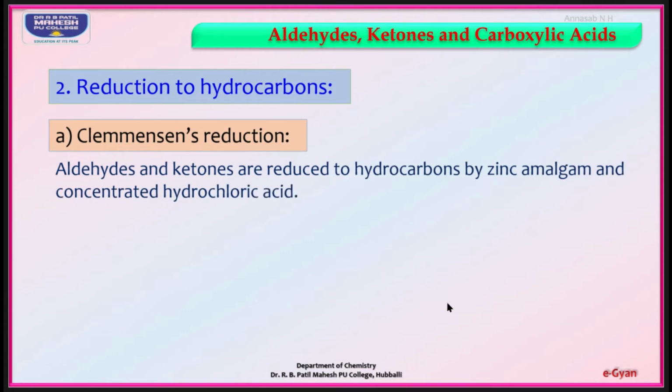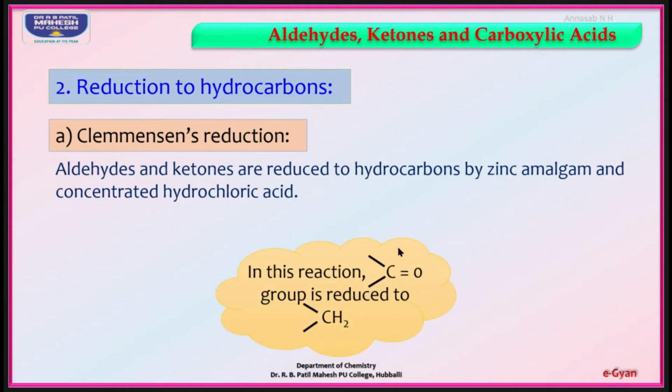The work of zinc amalgam in presence of HCl is to convert the carbonyl group, that is C double bond O, into CH2. It is a removal of oxygen and addition of hydrogen atoms. The CO group can be converted into CH2 by the addition of zinc amalgam and concentrated HCl, and the reaction is known as Clemmensen's reduction.